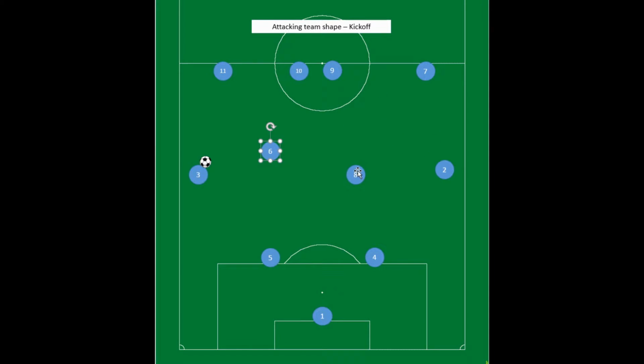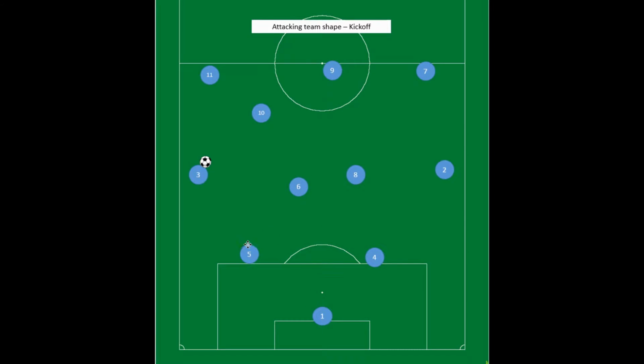We also play a possession style of soccer, so we want to move within passing distance and support distance of our players. Actually, in this case, the 6 probably still hangs out here, but the 10 shifts down to support. We always want to keep the 6 in a position relative to the 4 and the 5.